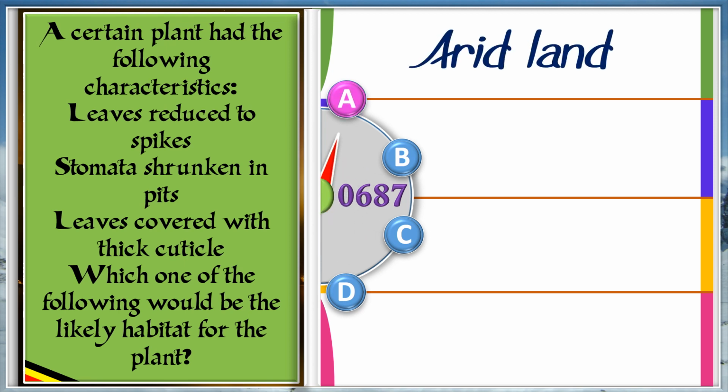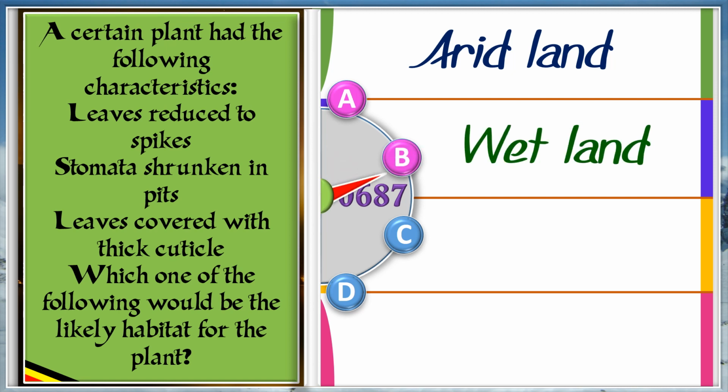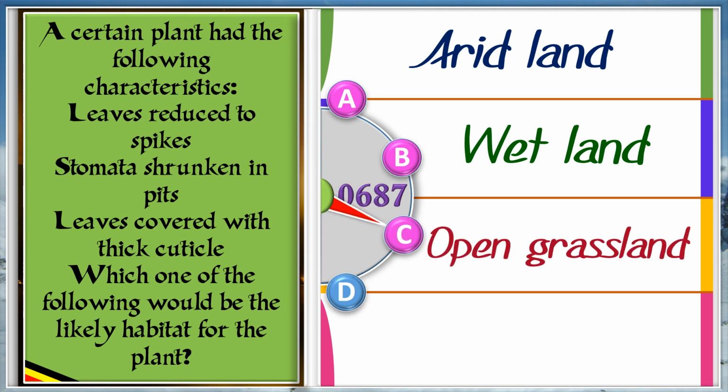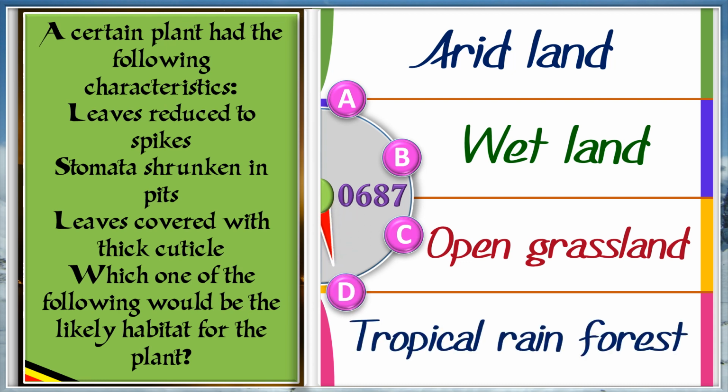A. Arid land. B. Wetland. C. Open grassland. D. Tropical rainforests. And the answer is A. Arid land.